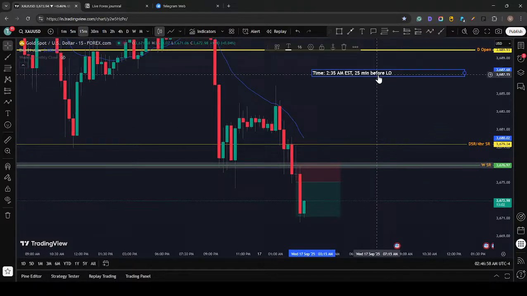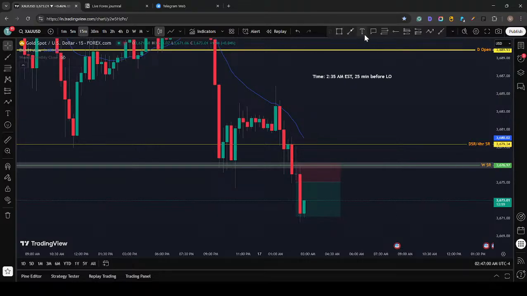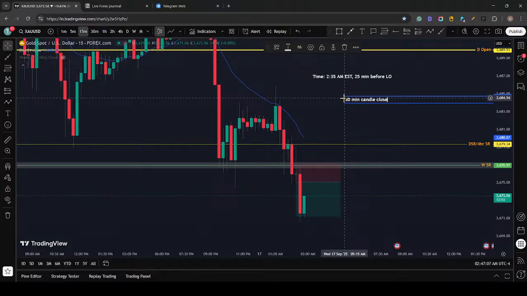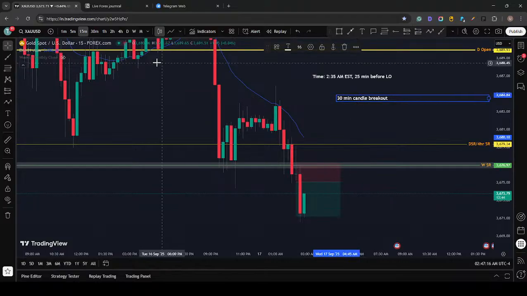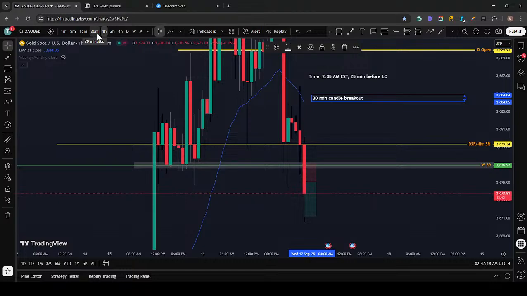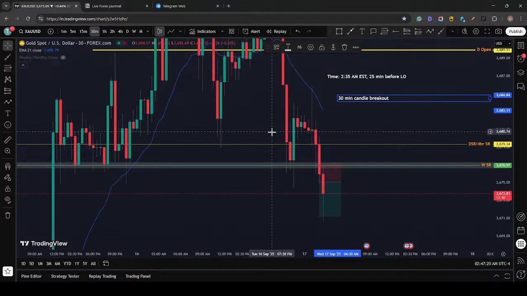Right? Okay, so what was the context? Context was a 30-minute candle closed, 30-minute candle breakout.